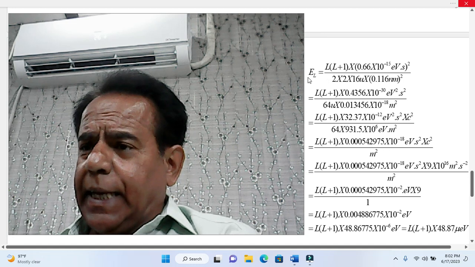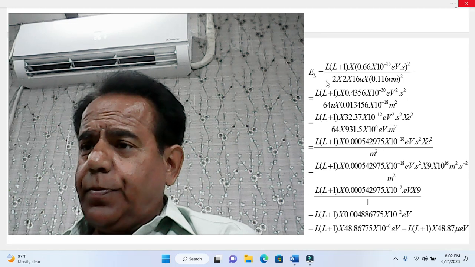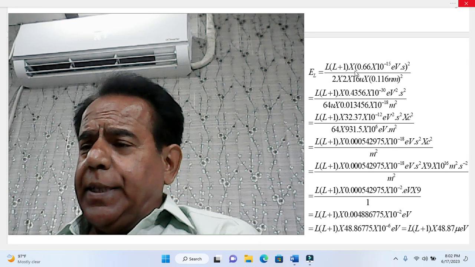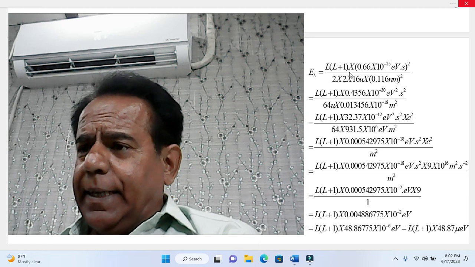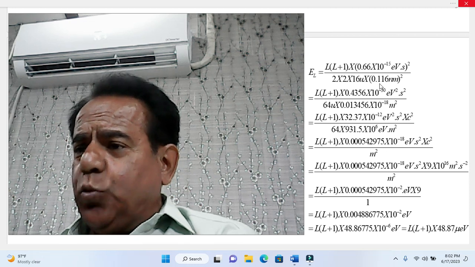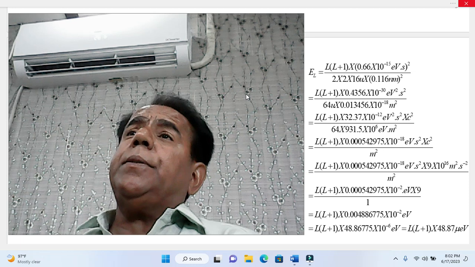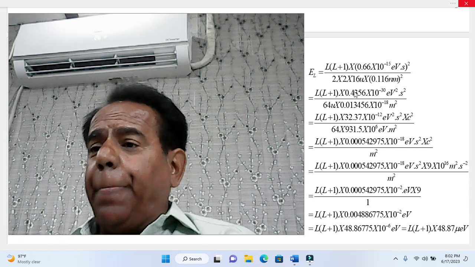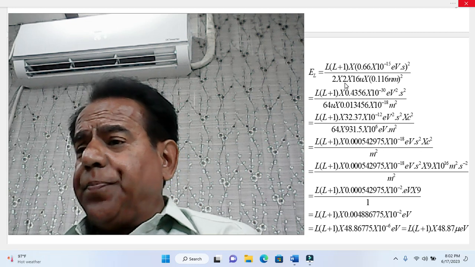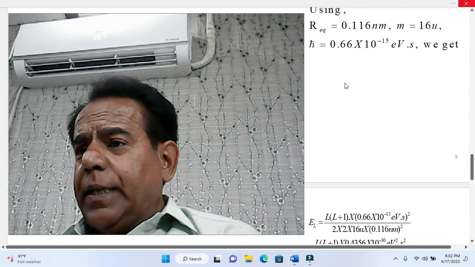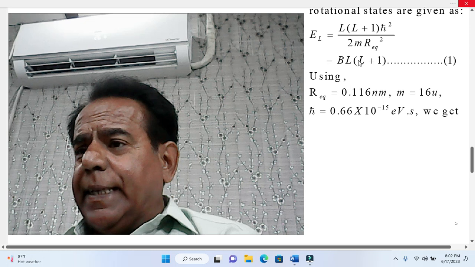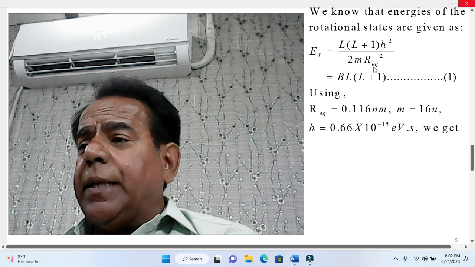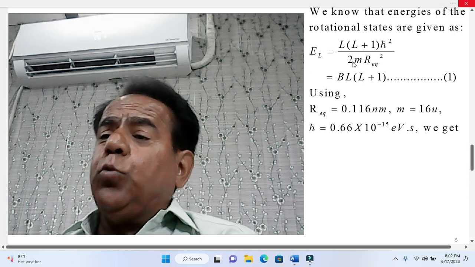E_L equal to L plus 1 into h cut square divided by 2 into 16 into this. Here, dear students, one more thing becomes relevant to be described: in the denominator you can see that there is 2 M R equilibrium square. There is only one 2 in the expression.